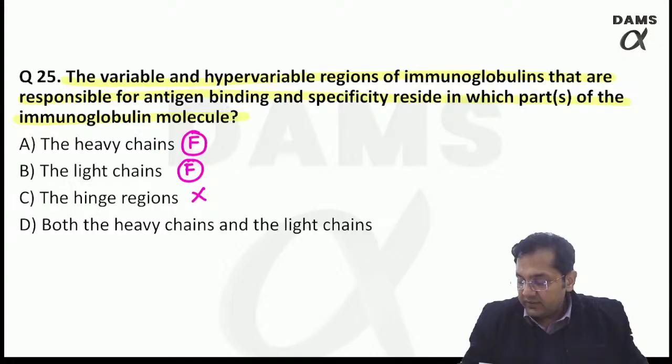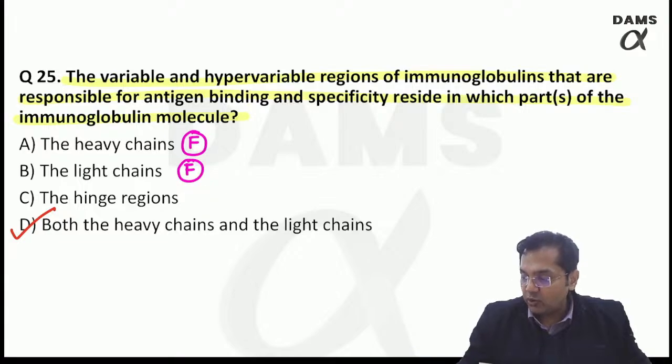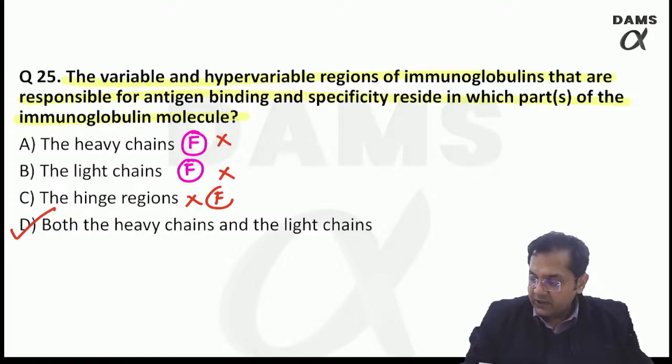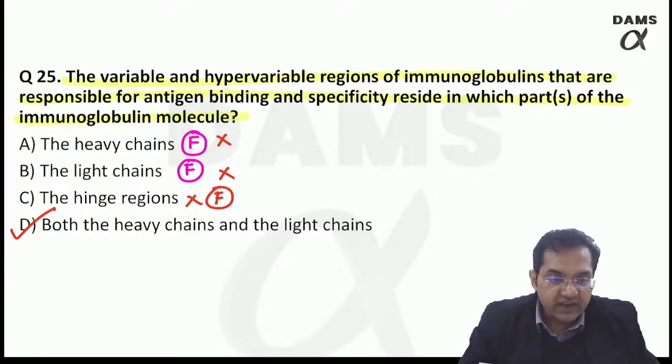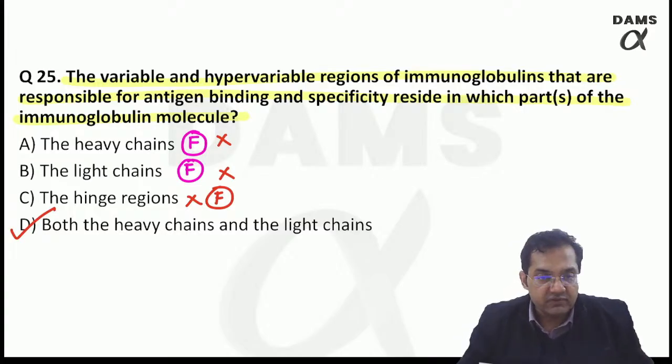They are present in both heavy and light chains. So these three are false. Variable and hypervariable regions are in both, which is responsible for antigen diversity. So the immunoglobulins can bind to different types of antigens, right?